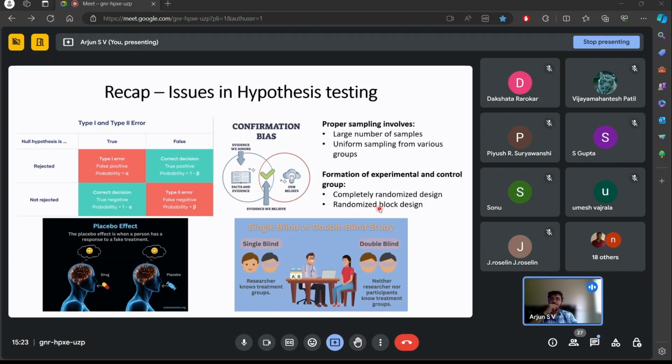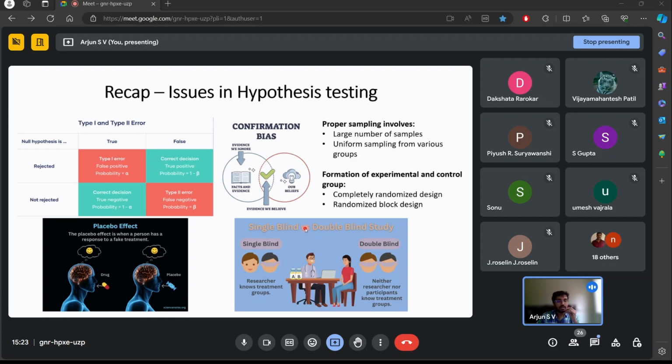In the last part of the lecture, we see the importance of single blind and double blind studies. Single blind and double blind studies are performed to eliminate any sort of bias, confirmation bias, either from the experimenter's side or from the participant's or patient's side. Let's take the same example. I have a drug and I want it to work on these people.